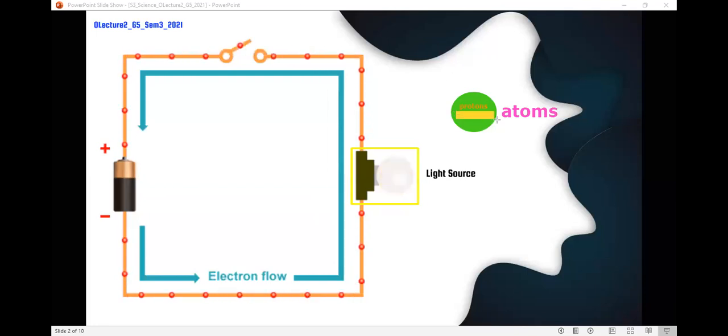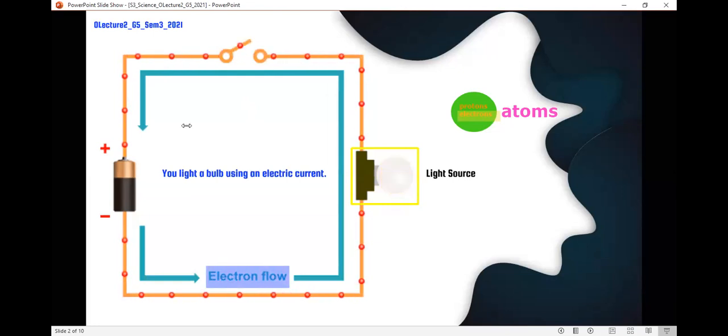These electrons love to move. They like to move from one place to another. When the electrons move between things, they make energy. They create energy. So this is how electricity happens.